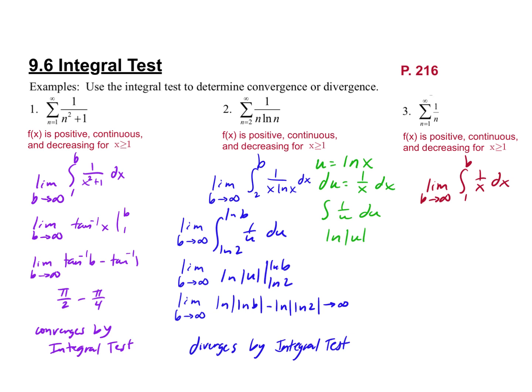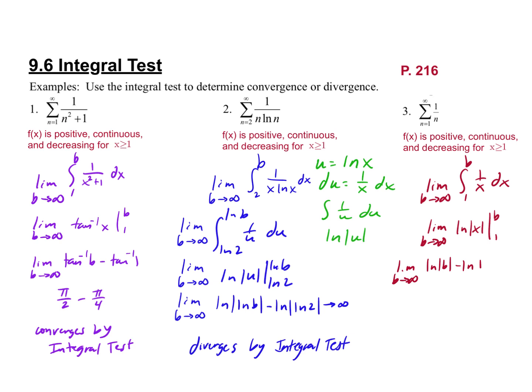Okay, so I set up my improper integral. And when we integrate 1 over x, of course, we get the natural log, from 1 to b. Sub it in. Okay, what happens with this one?